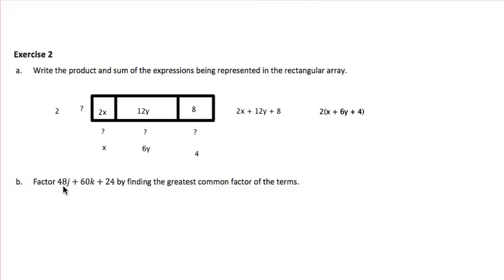In part B, we're asked to factor 48j plus 60k plus 24 by finding the greatest common factor of the terms. So we need to know what the greatest common factor of 48, 60, and 24 is.